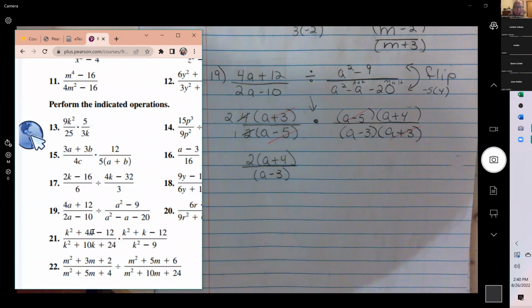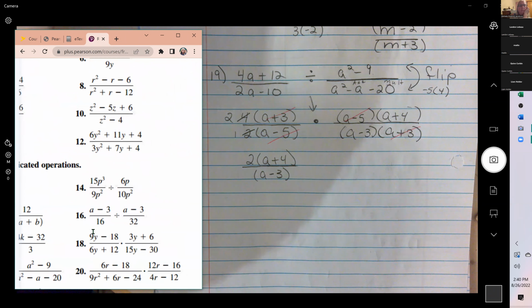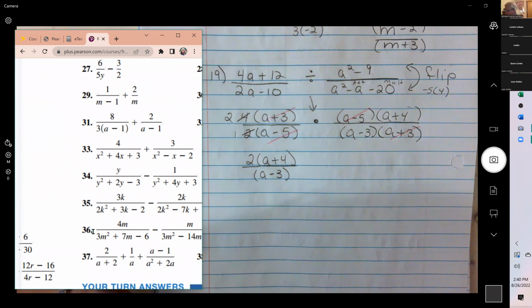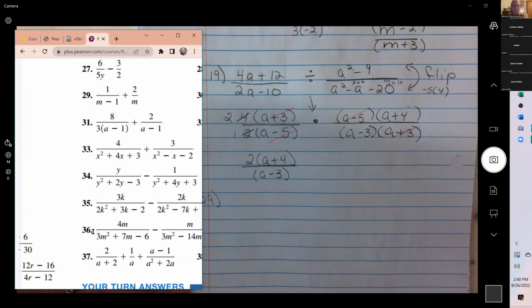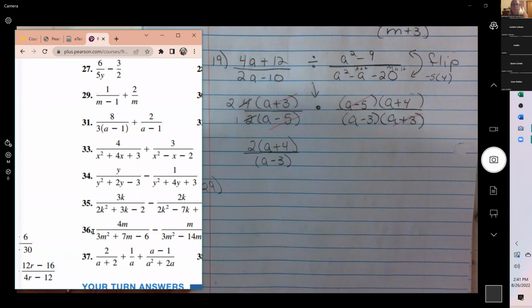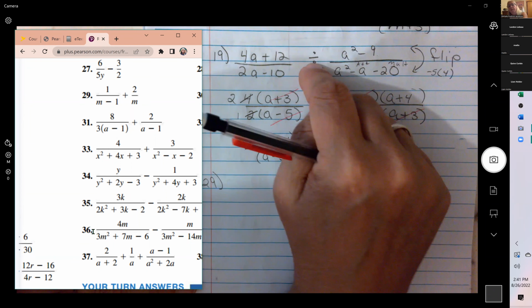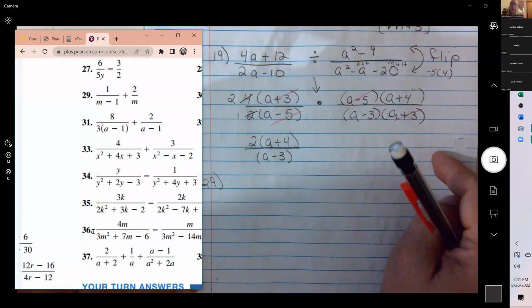Any questions on that? So division, you have to flip, and then multiplication, you just reduce first and multiply.